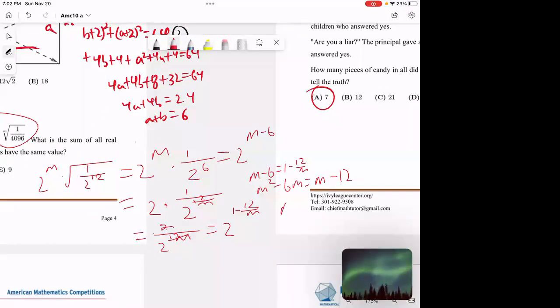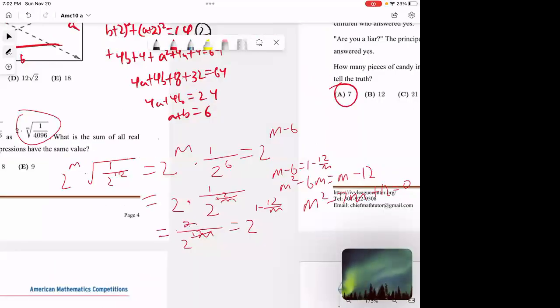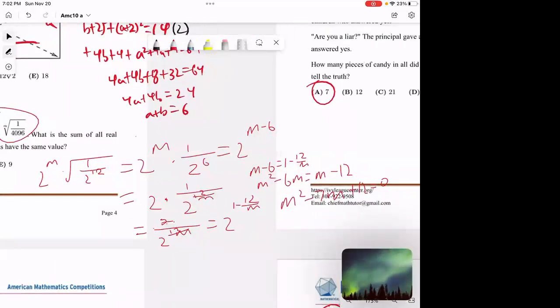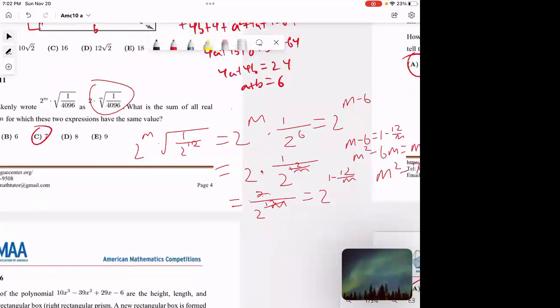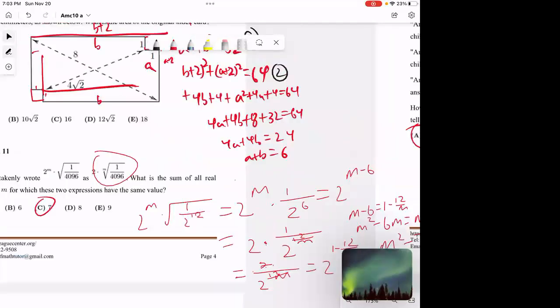So this is m squared minus 7m plus 12 equals 0. And we can use Vieta's formula to find the sum of m is just negative b, which in this case is negative 7, which is just positive 7, giving us our answer C, 7.